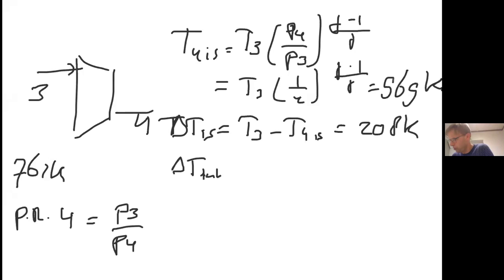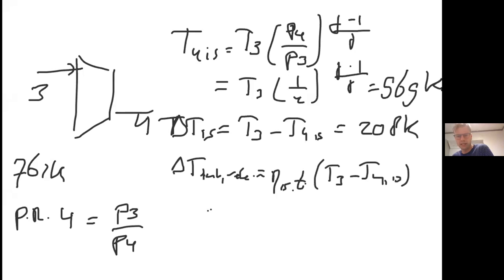So delta T turbine real is the isentropic turbine efficiency times (T3 minus T4 isentropic), and you can calculate that back. I don't know exactly what comes out here, but it's the 87% times 208.